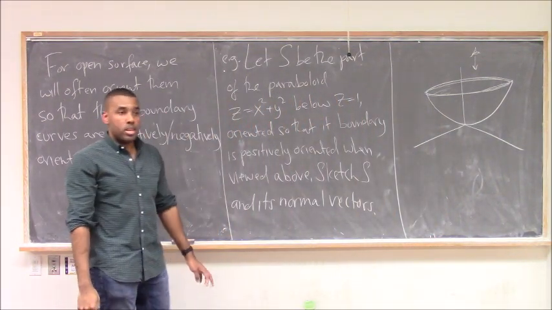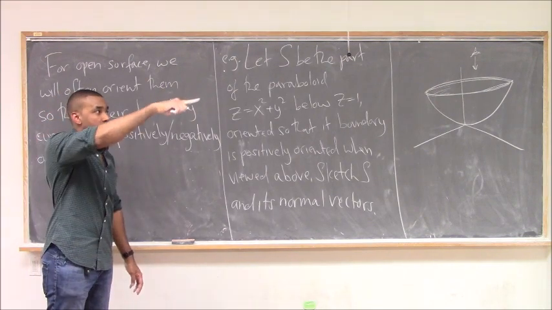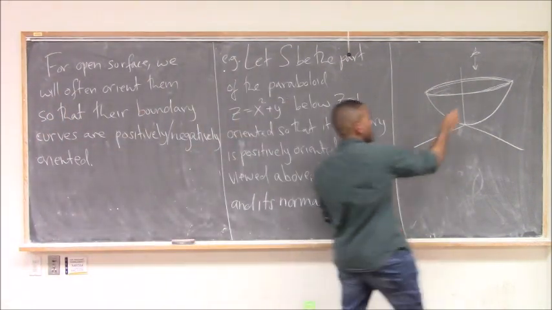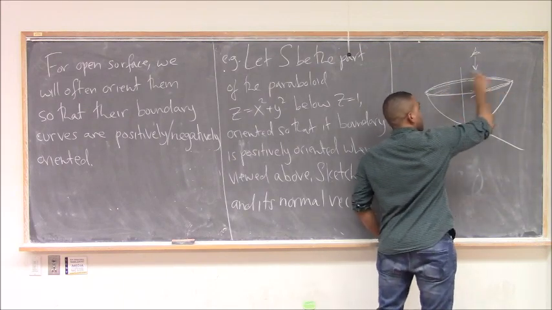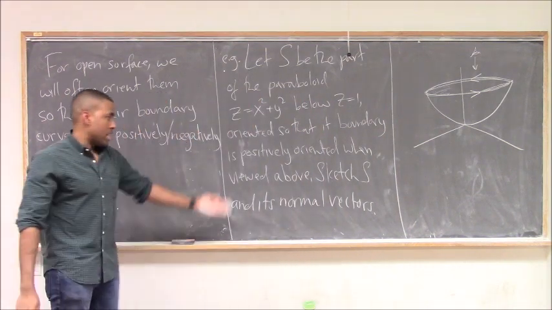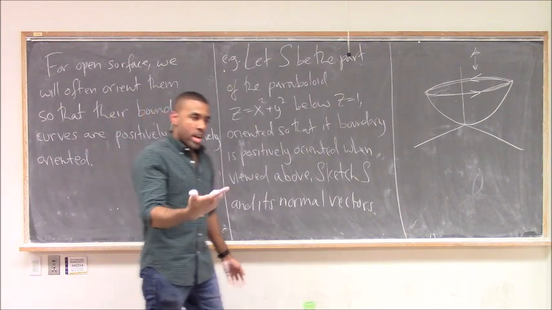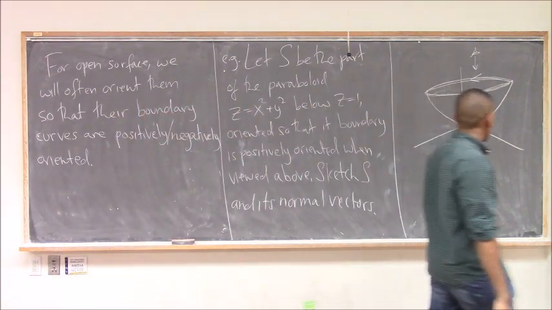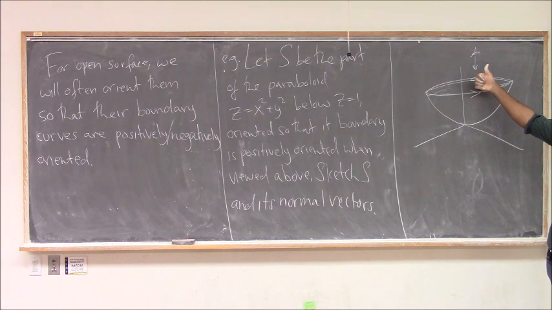And what does that mean? Counterclockwise. It means you're running around that curve counterclockwise, which means you need to be running around the curve this way. Now how do you determine the normal vector? Because I had to draw S and its normal vectors. It's the right-hand rule. Now how the right-hand rule goes is that you turn your fingers in the direction that the curve is oriented and you stick your thumb up.